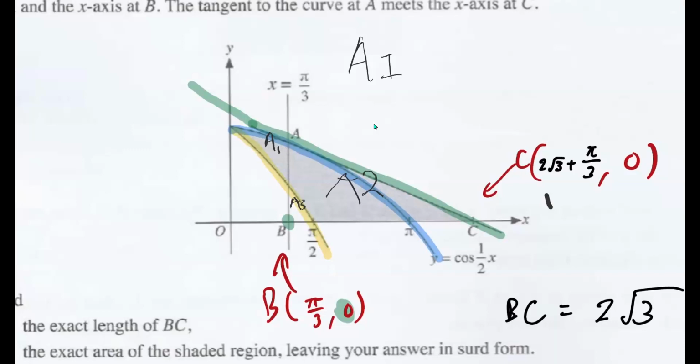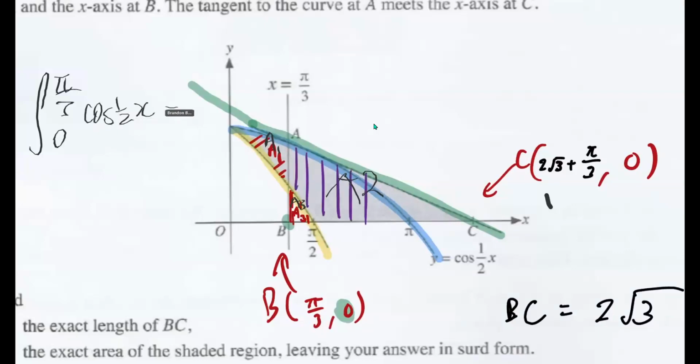Then ABC minus A2 gives you A3. Did you mean minus A3 to give you A2? Yeah, that's what I mean. Okay, that's a good strategy. This region is A1. This region is A3. Then the remaining region over there is A2.